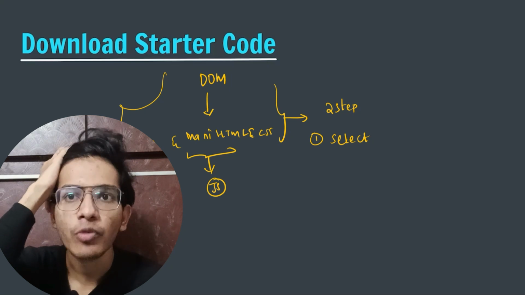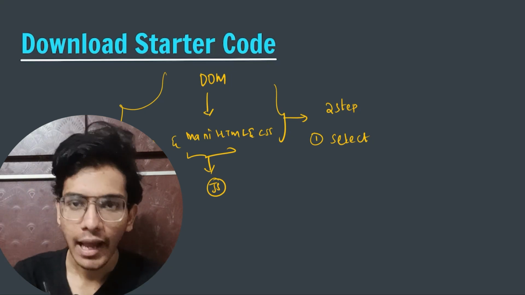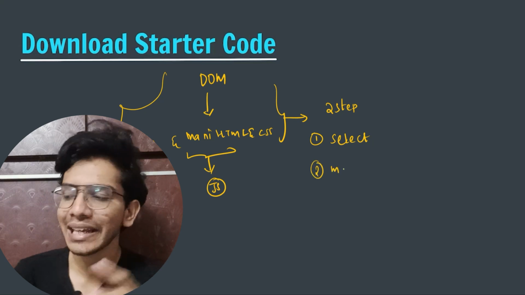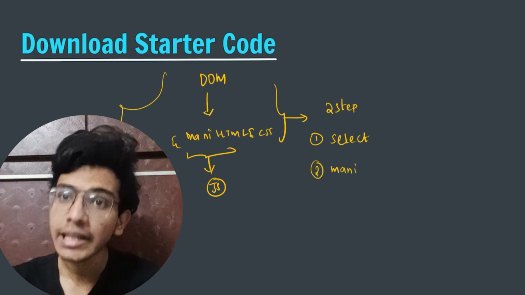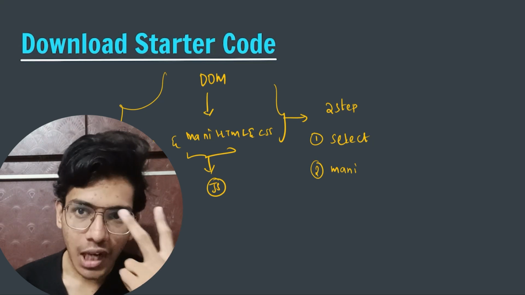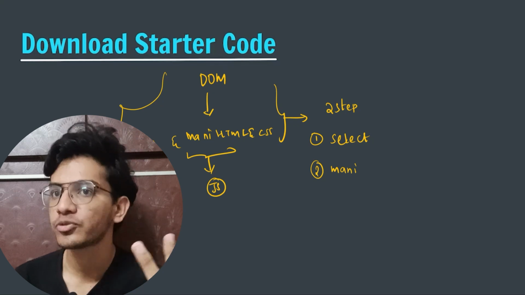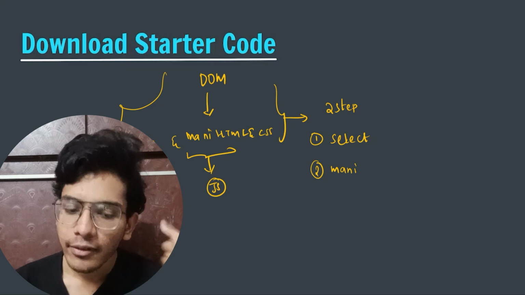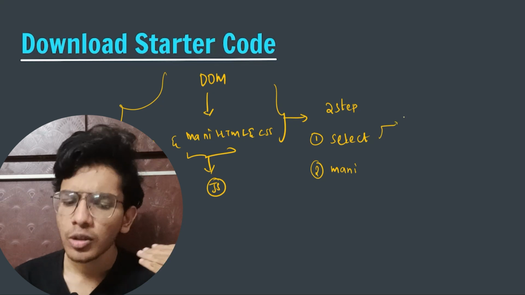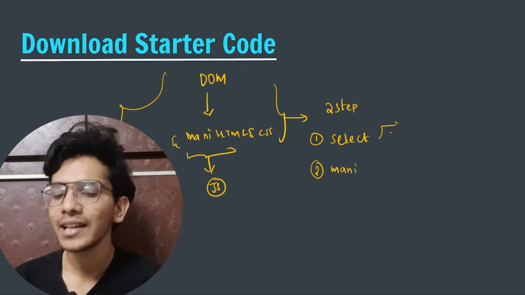So the first step of DOM is selecting elements, and the second step is manipulation. After selecting n number of elements, on these elements you are going to perform manipulation methods. These are the two important steps you need to remember, and we use different methods to select elements and to manipulate elements.